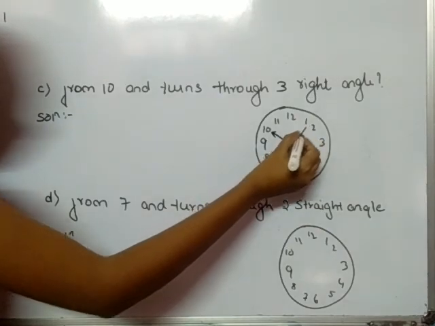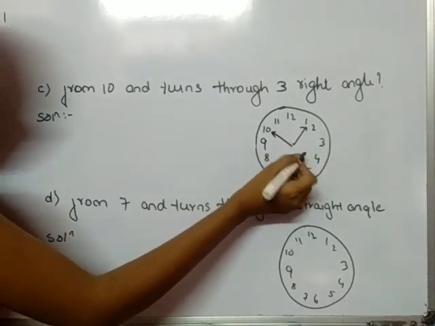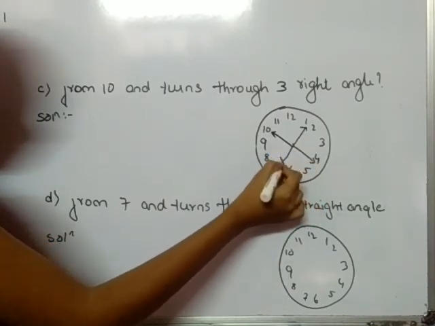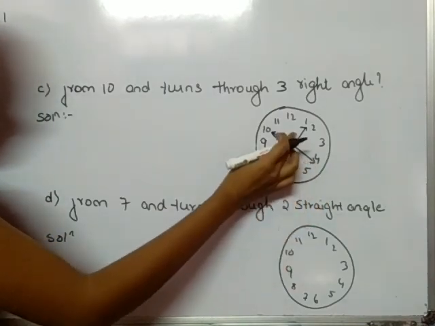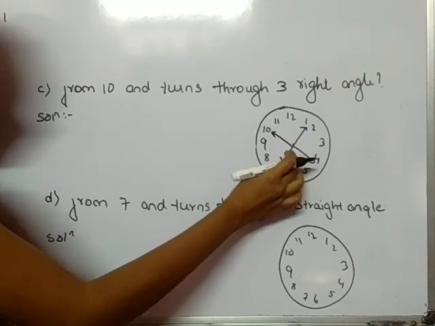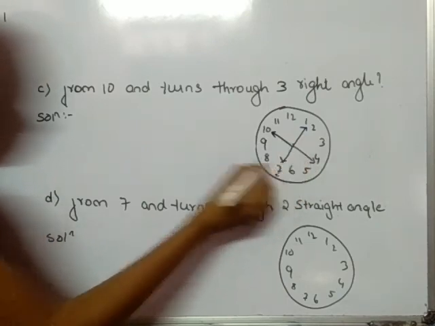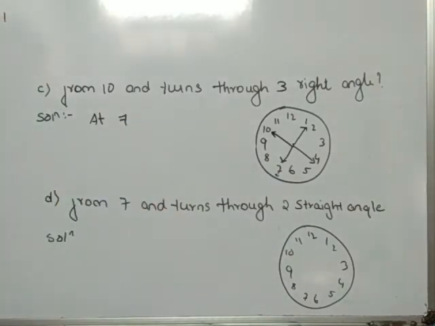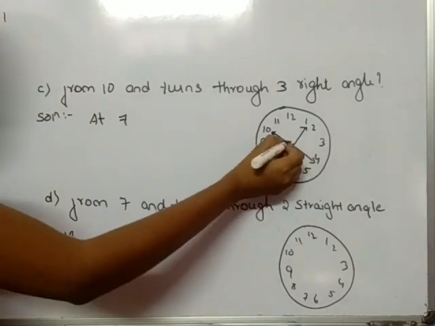This is one right angle and this is another right angle and this is one more right angle. So totally 3 right angles. 1, 2, 3. After 3 right angles, it is facing towards 7 now. So at 7. Okay. It has turned like this.